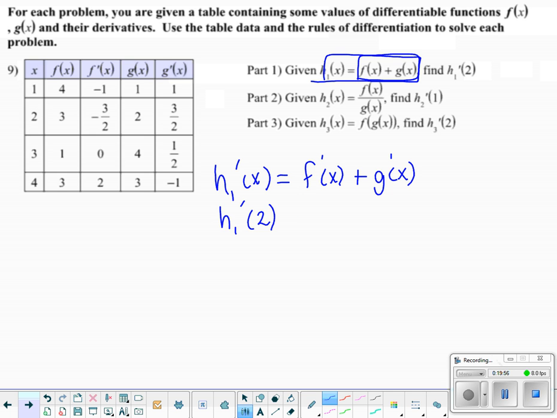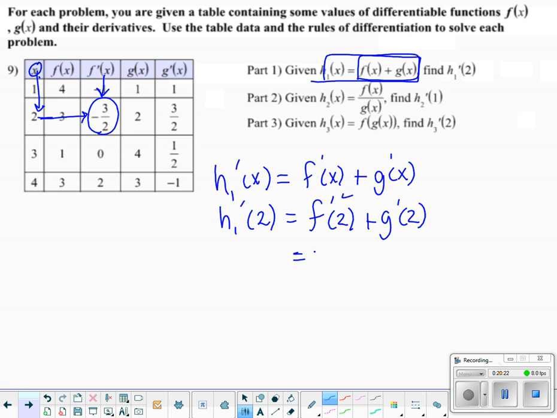We wanted h prime of 2. So that's going to be an f prime of 2 and a g prime of 2. That means, let's go to a table. Oh, excuse me, I just noticed the derivative. How about this? f prime of x.